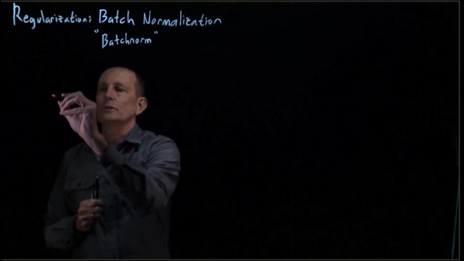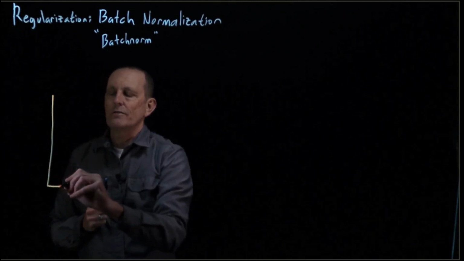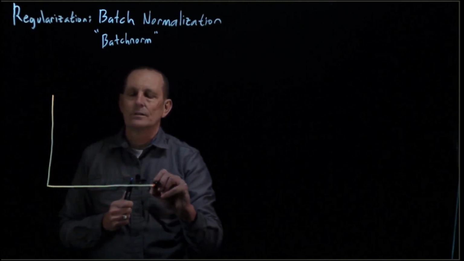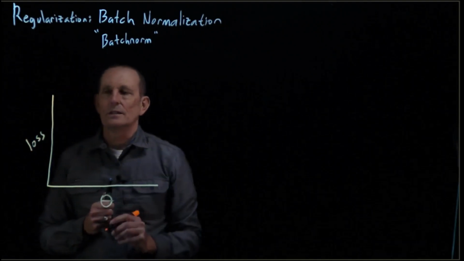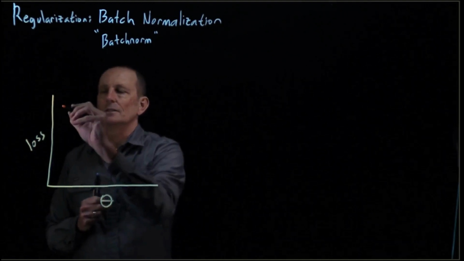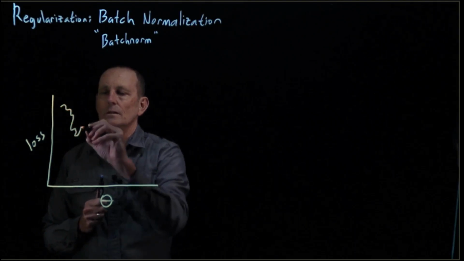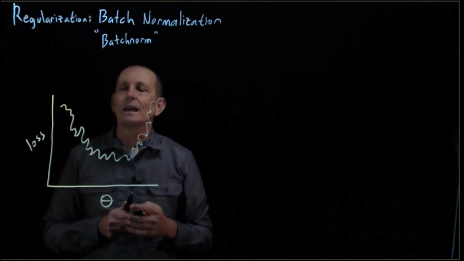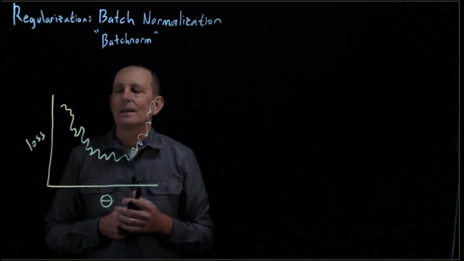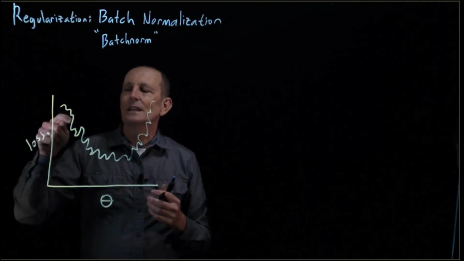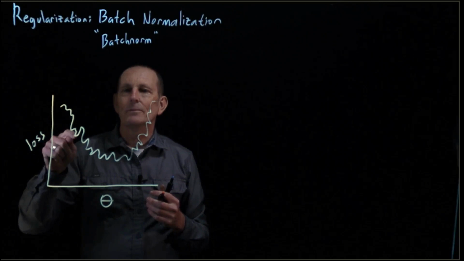So we have seen before some sort of a graph of loss with respect to theta. And so we might have something like this. Okay? It might be very jagged. And so it can be easy to get stuck, for instance, in local minima.